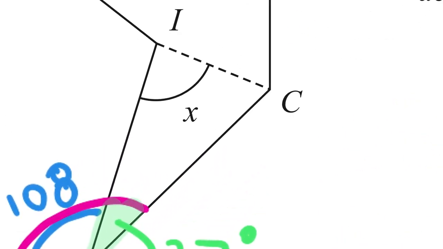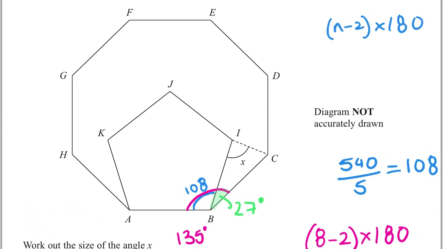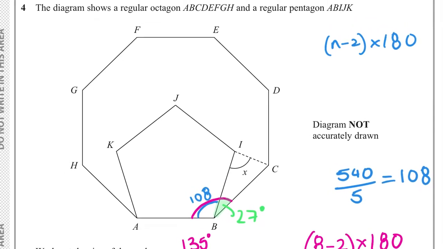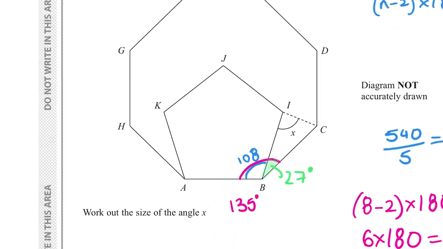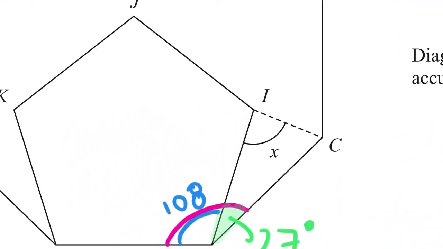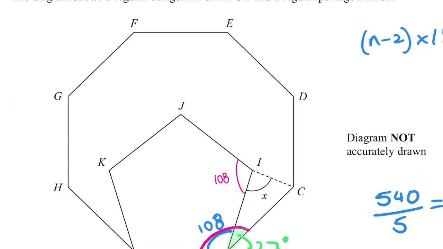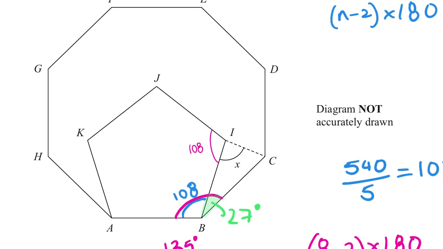Okay, it doesn't technically say anything about anything apart from what we already know. What else do we know? Let's figure out what we know. We know that this is 108, okay?